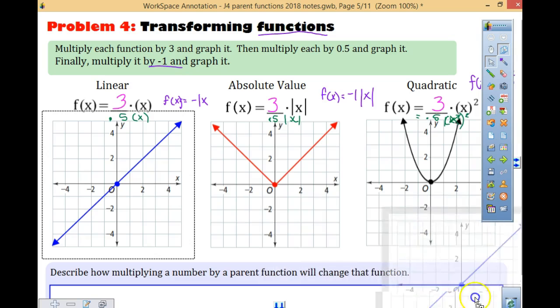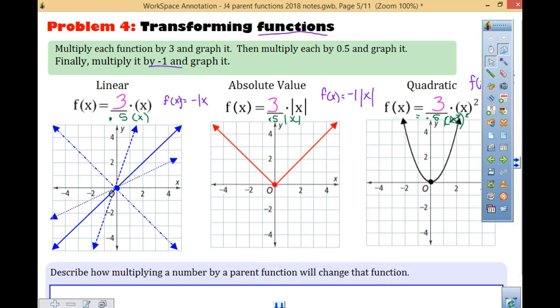So when I look at my graphs, I'm showing all 3 of those for you. When I look at those, this is my 3x, right? This is my 0.5x equation, and this was my -1x. What's going to happen to -1x for the V shape?